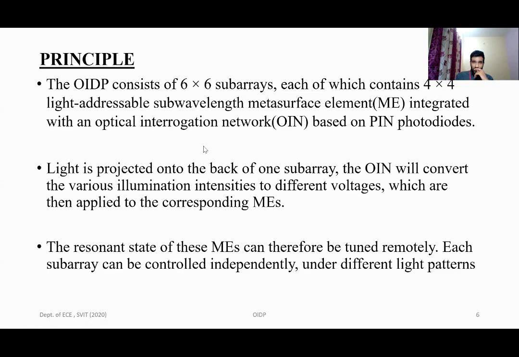The resonant state of these MEs can therefore be tuned remotely. Each subarray can be controlled independently under different light patterns. This makes the metasurface elements programmable according to our needs.